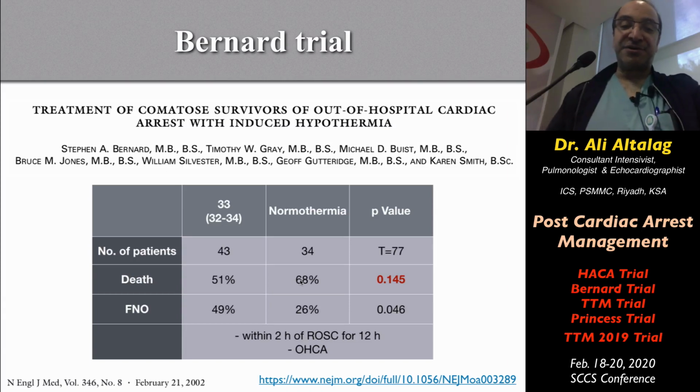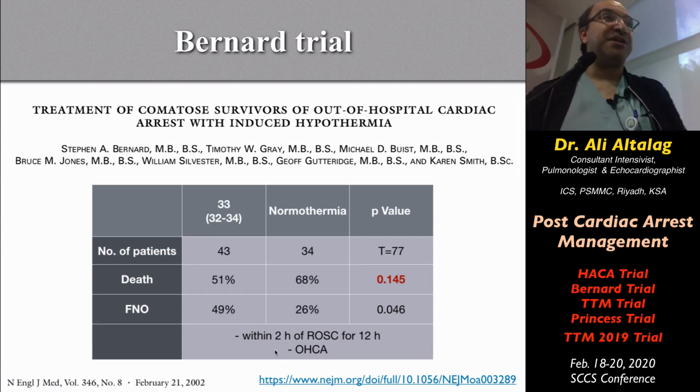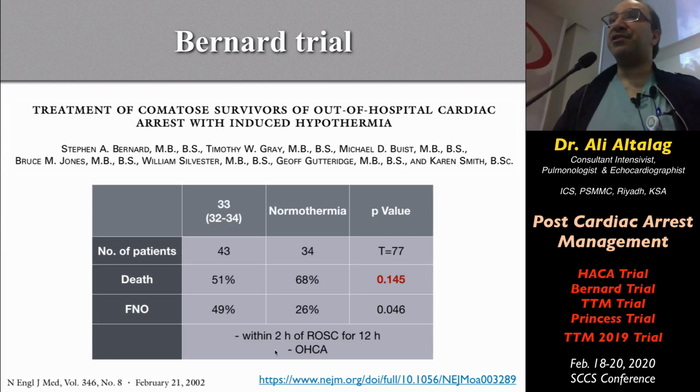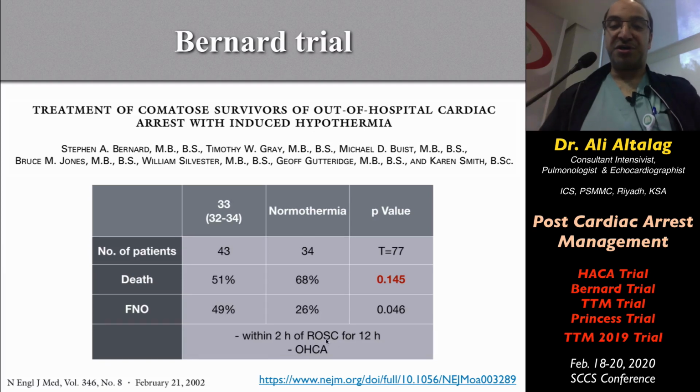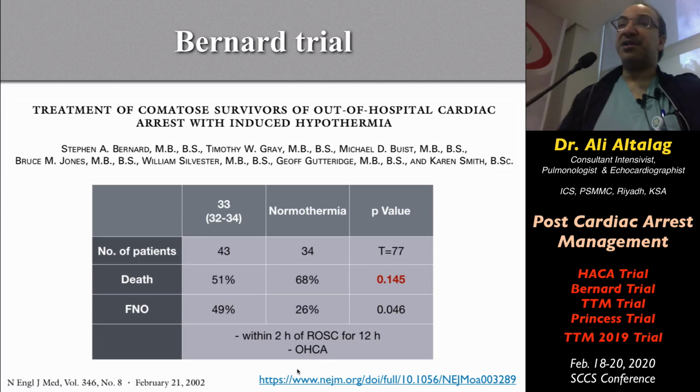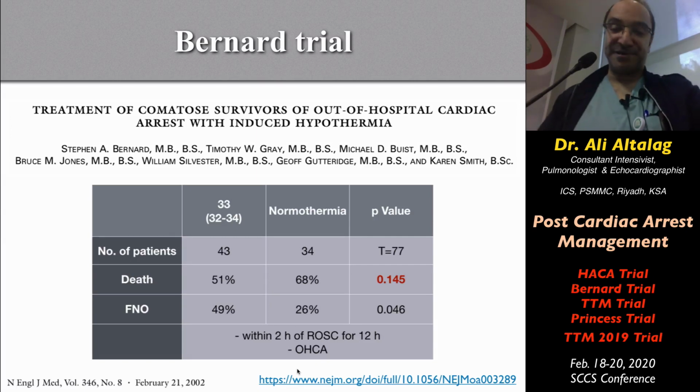Again, there is less death in the hypothermia group, but it didn't reach statistical significance, while favorable neurological outcome was better in the hypothermia group, which was just statistically significant. Here, they started hypothermia 2 hours after return of spontaneous circulation, and they continued it for only 12 hours, and again, it was out-of-hospital cardiac arrest.